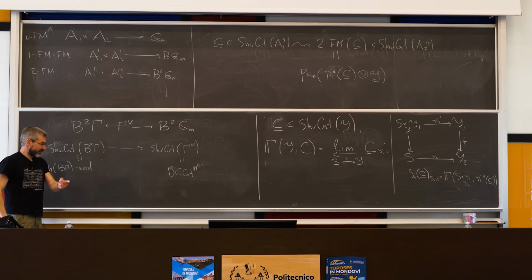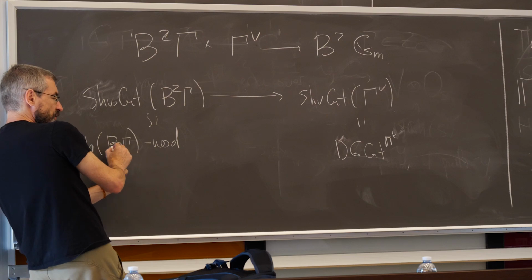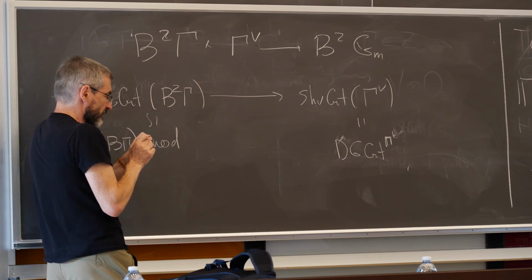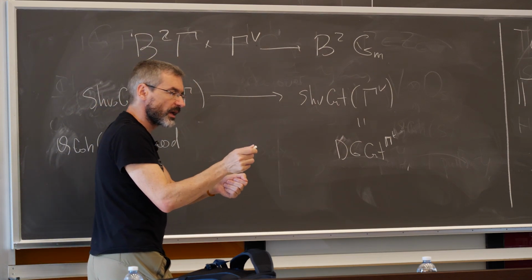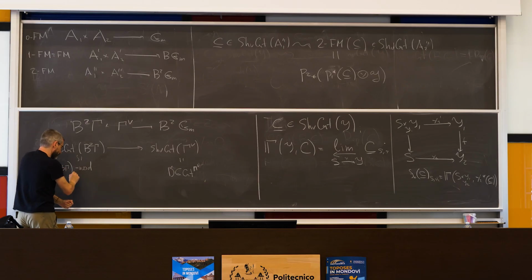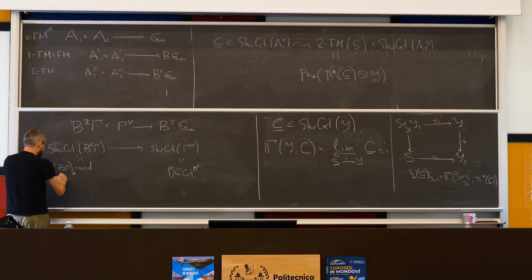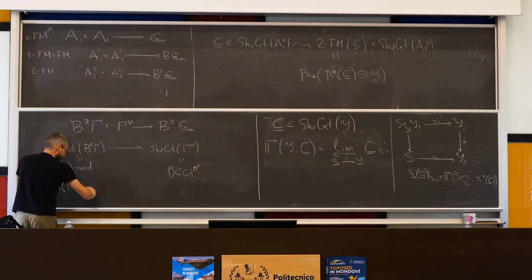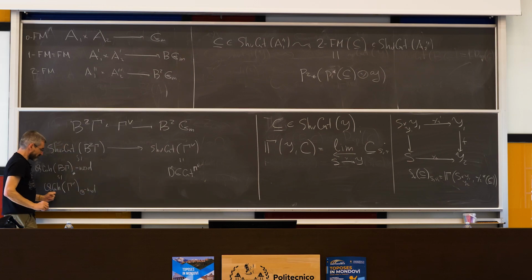But we also had, B gamma is perceived here as a group, and this quasi-co is considered as a monoidal category under convolution. Let's remember, we also had the usual Fourier-Mukai transform, which said that this category is the same as quasi-coherent sheaves on gamma check with respect to the pointwise tensor product. And so what is this category?